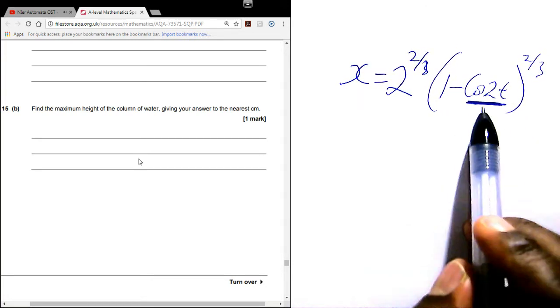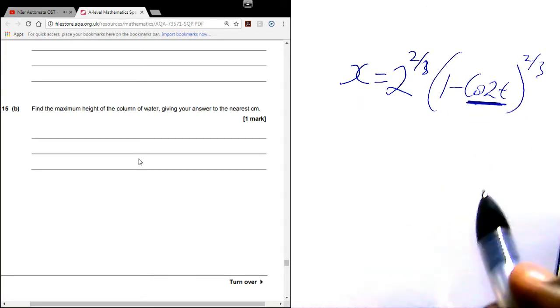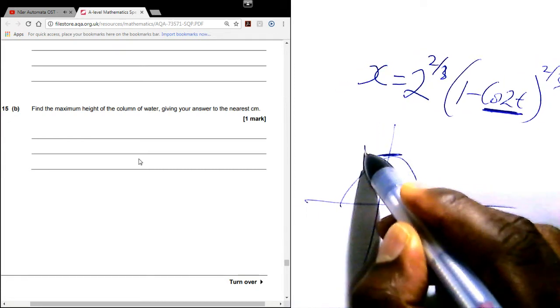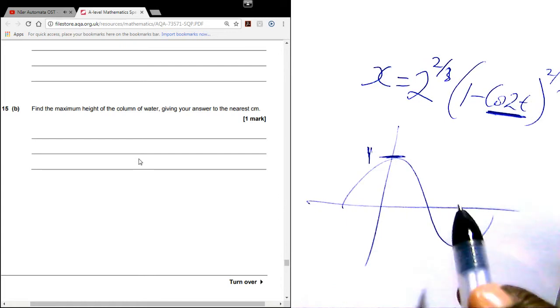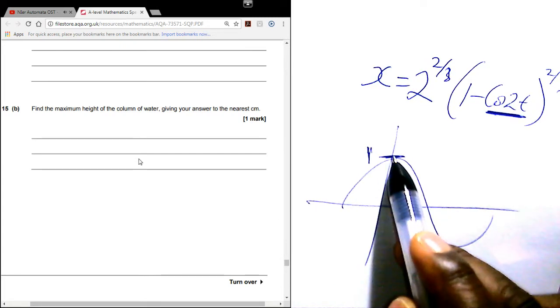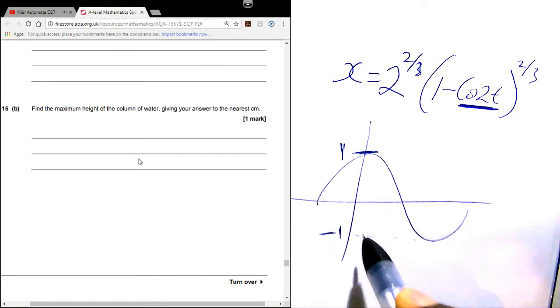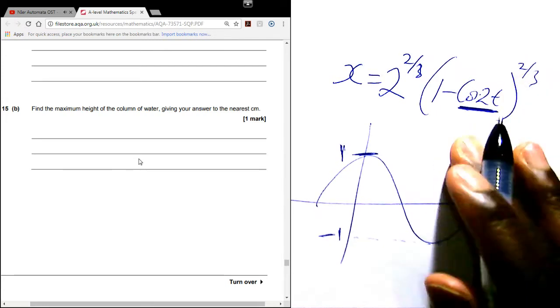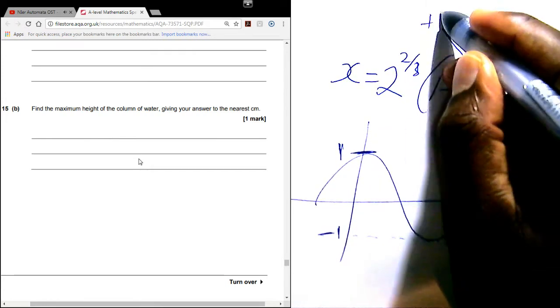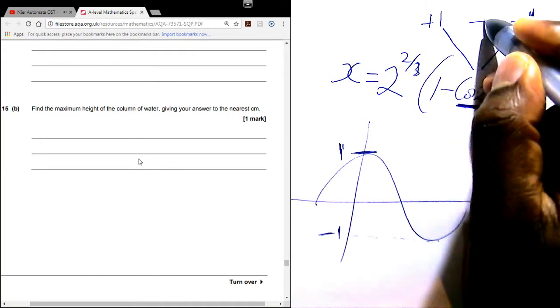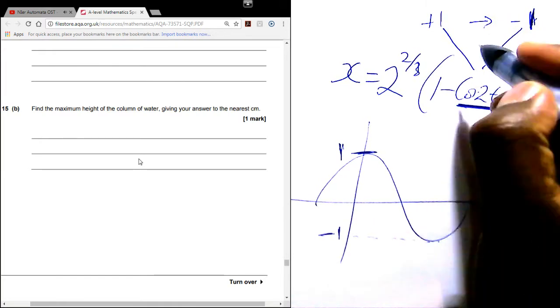The maximum a cosine function would ever be is 1. A cosine function would never be more than 1. And the minimum a cosine function would ever be is -1. It would never go lower than that. So this value can swing from +1 to -1, and back.